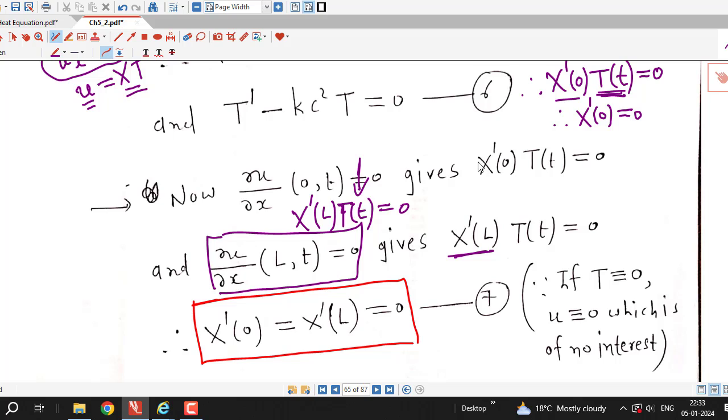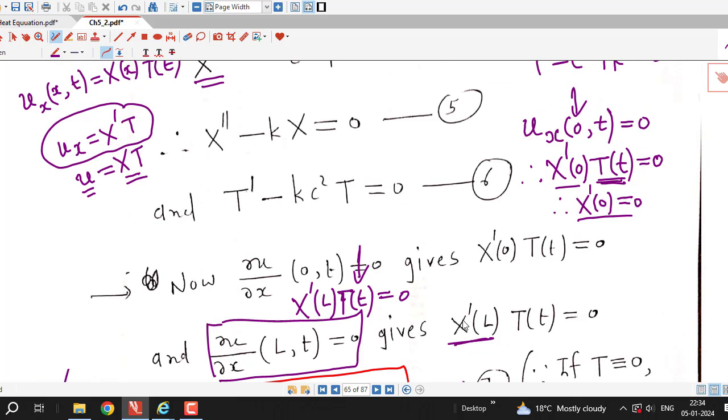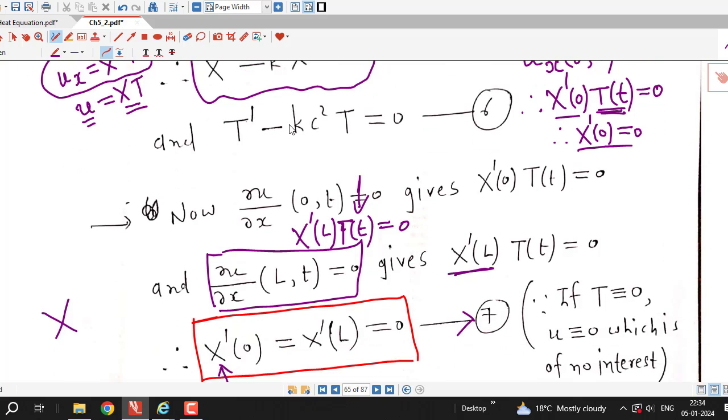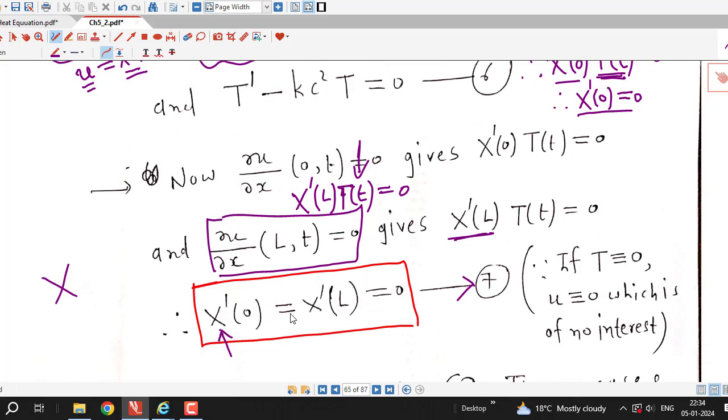So here also we obtain two boundary conditions for this capital X, which says that the first derivative of X is 0 at small x equal to 0 and at small x equal to L. So these are two boundary conditions, and we have to find the solution of this equation number 5 satisfying these two boundary conditions.